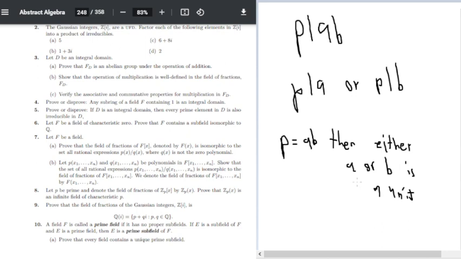So P is equal to AB. This means by definition that P divides AB, considering we're assuming our ring to have identity.